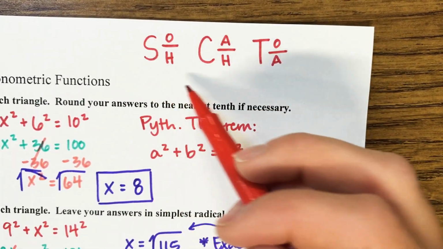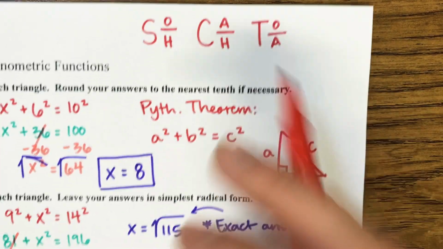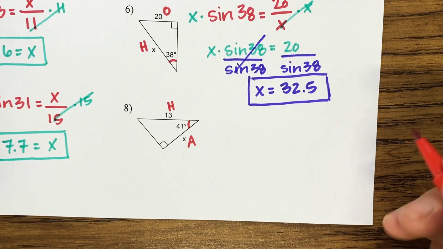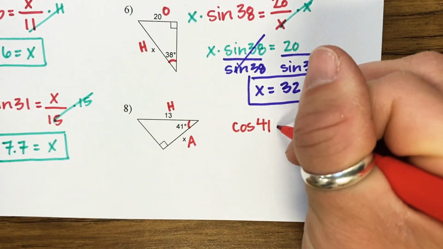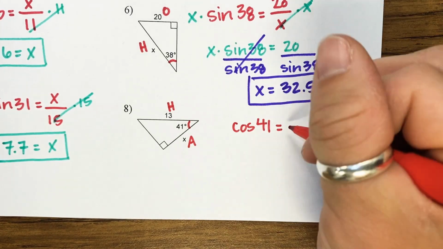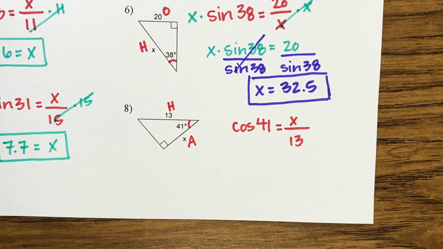Okay, so what function are we using with adjacent and hypotenuse, or a and h? Cosine. Okay, so we're going to set this up. Cosine of the angle 41 equals adjacent x over hypotenuse 13.